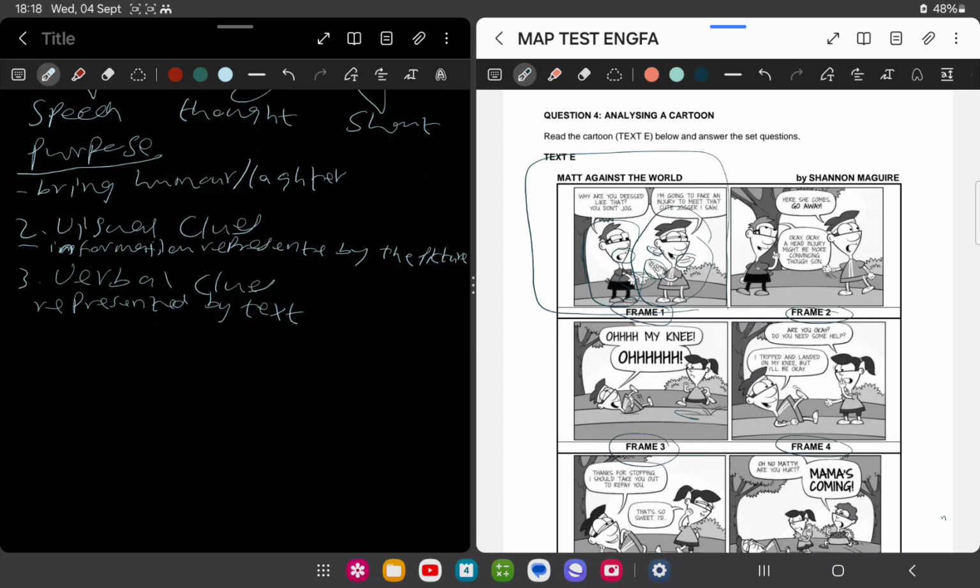So in frame number 2, the boy's mouth is wide open, eyes are wide open. I'm talking about the visual clues. Then in frame number 3, here he's clutching his knee.